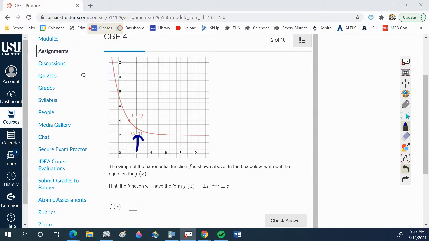That's the easy part. So once I figure out it's plus 2, then I redraw that coordinate plane, and I know that my a is 1/2. Okay, hold on, let's do it a little bit differently. So I redraw my coordinate plane, and I know that c is 2. Well, what is the y-intercept right here once I redraw my coordinate plane? 4. And what's my multiplication, my base value?